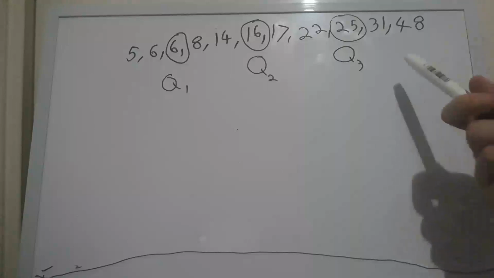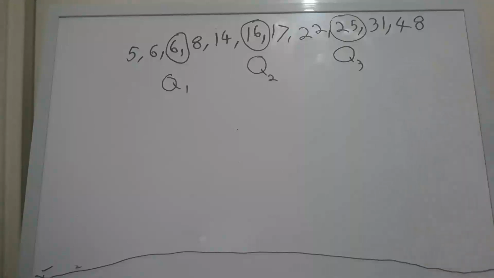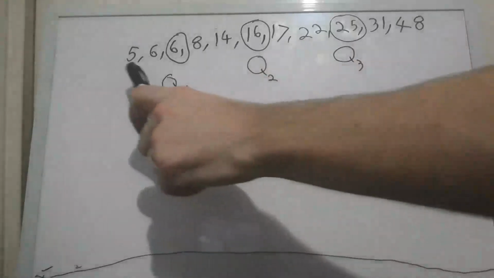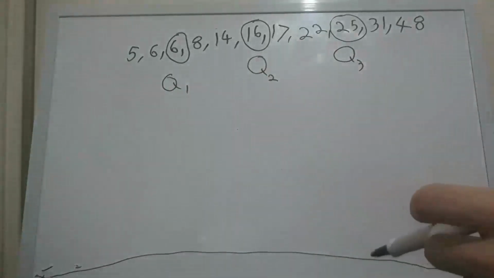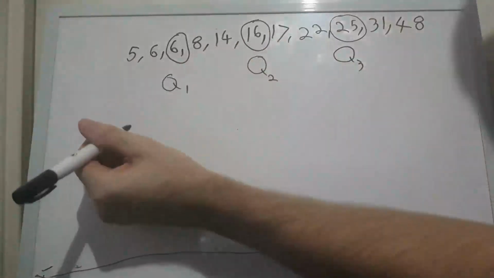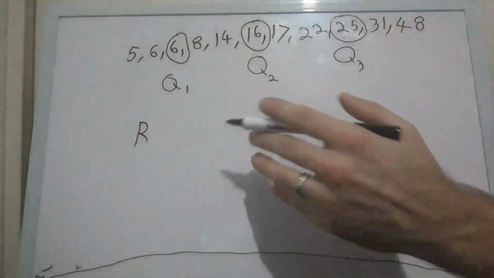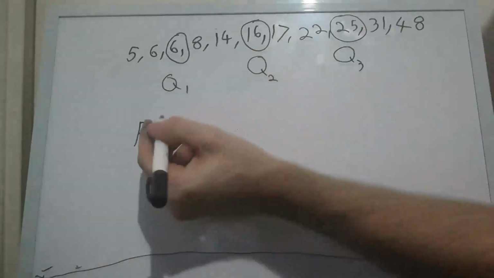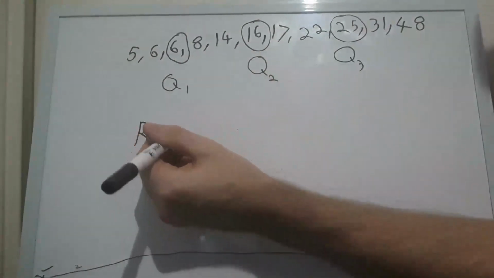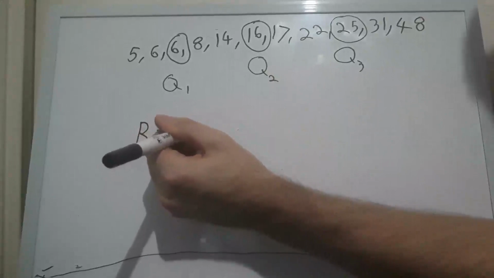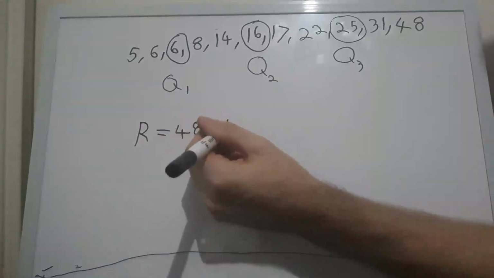So in terms of data sets, when you talk about range, it's the difference between the biggest value and the smallest value. In this case, we have 48 and 5. So your range, which I'm just going to call R here, but if this is an exam, I'd write the word range, will be equal to 48 minus 5.